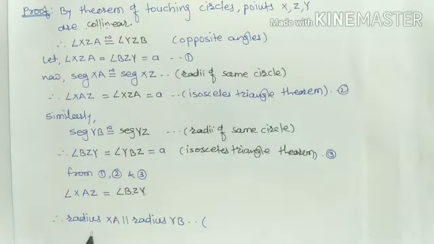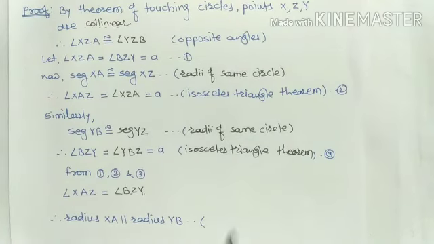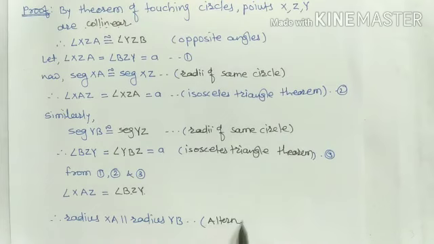And therefore, it is directly written: radius XA parallel radius YB by alternate angles test.